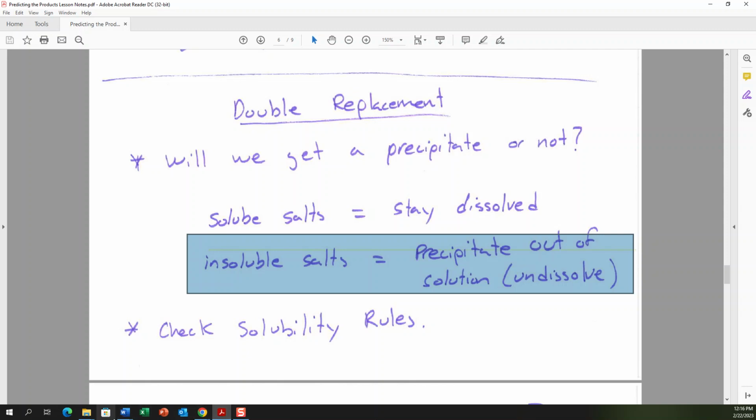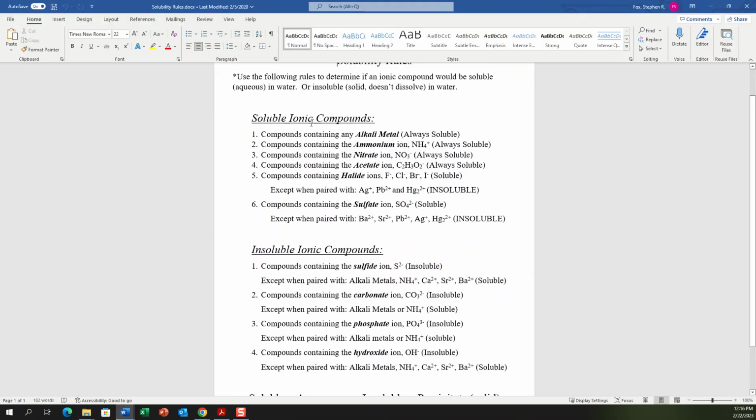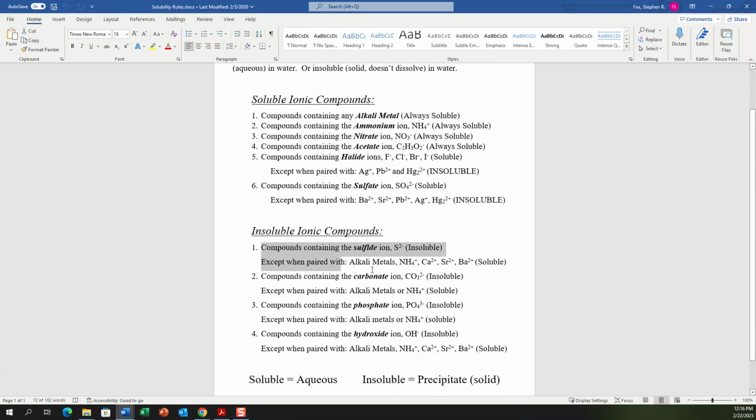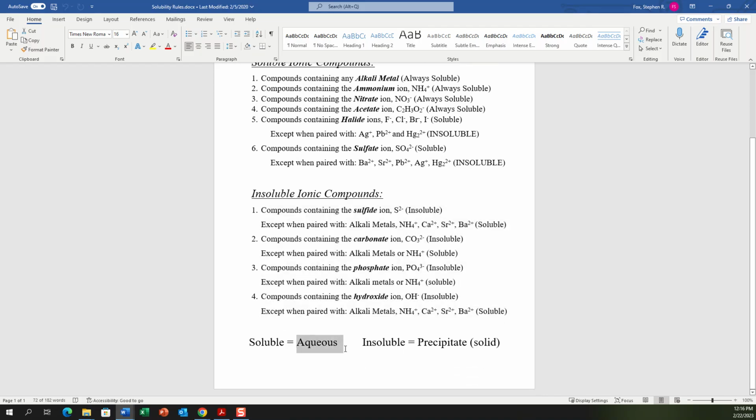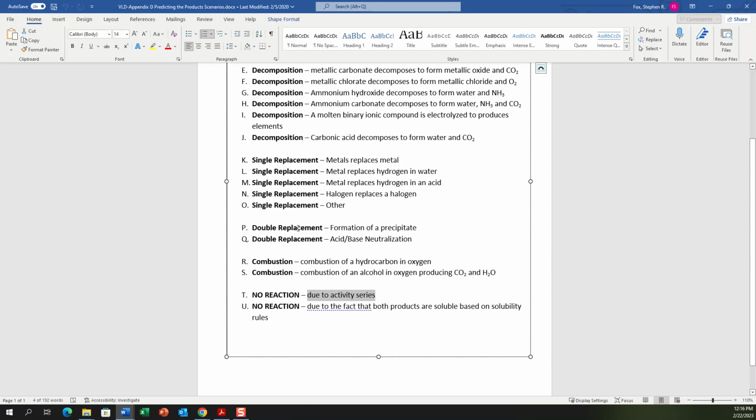And that's why you're going to check your solubility rules. So let's look at your solubility rules real quick. So this is telling you what's soluble and what's insoluble. Remember, soluble means stays dissolved, stays aqueous. Insoluble means precipitates out of solution, forms a precipitate, okay? So if we look at our scenarios, we're either going to get double replacement formation of a precipitate.